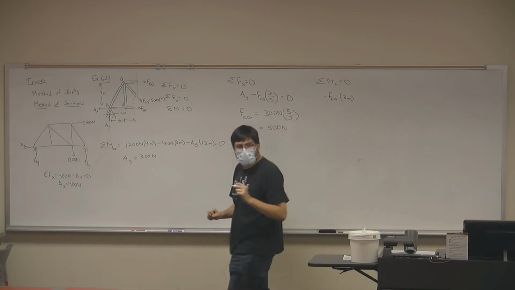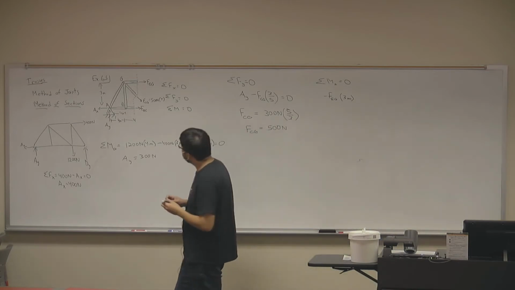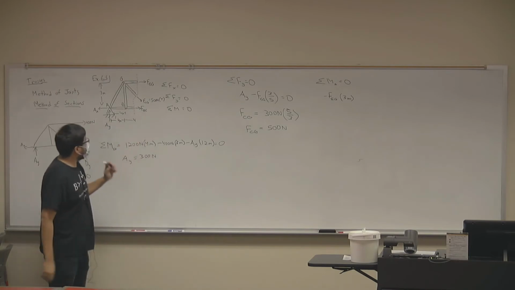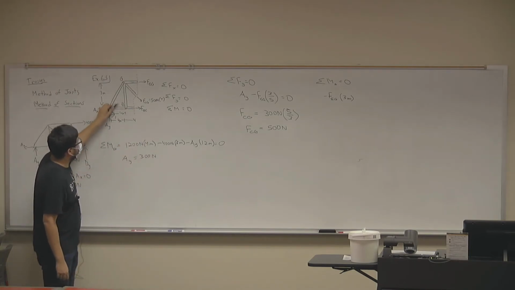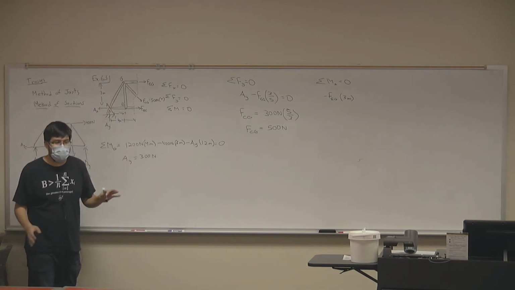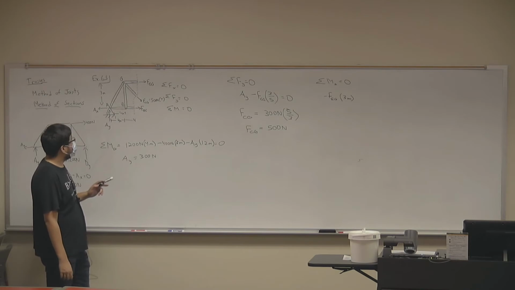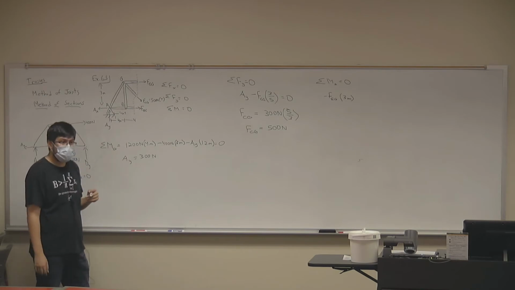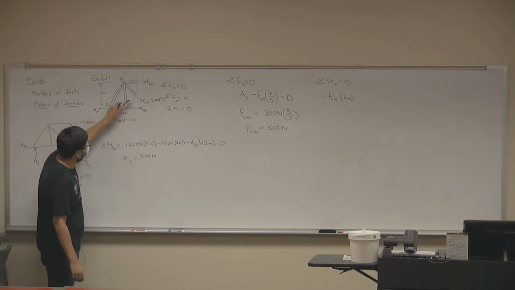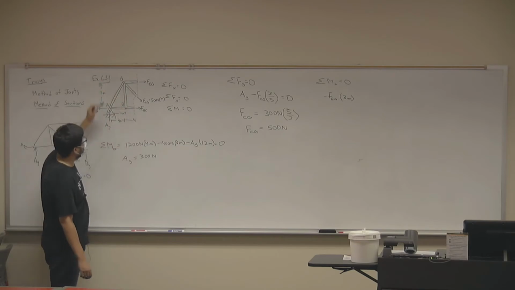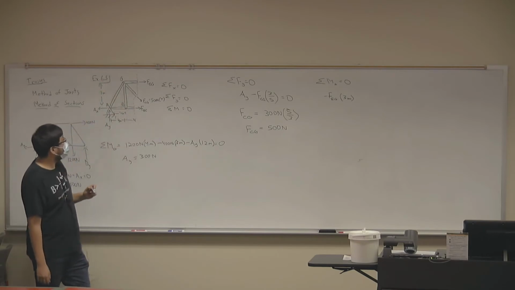But here I have a problem, Hunter. If I choose FCG, first I need to figure out what this distance is. Oh, I think I can figure it out. It's not going to be something that complicated. So what's the distance between A and this line of action of FCG?